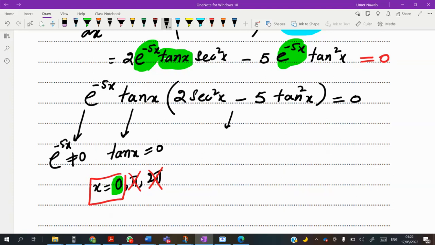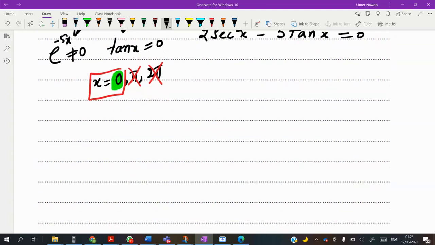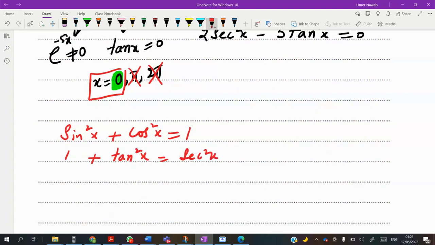Now the third factor, we put it equal to 0. 2 secant square of x minus 5 tan square of x is equal to 0. Do you remember the Pythagorean identities which I have taught you? One was sine square x plus cosine square of x is equal to 1. 1 plus tan square of x is equal to secant square of x.